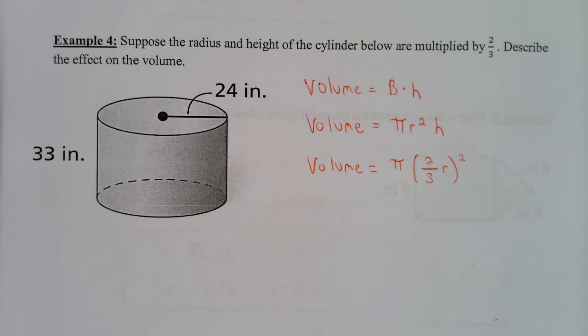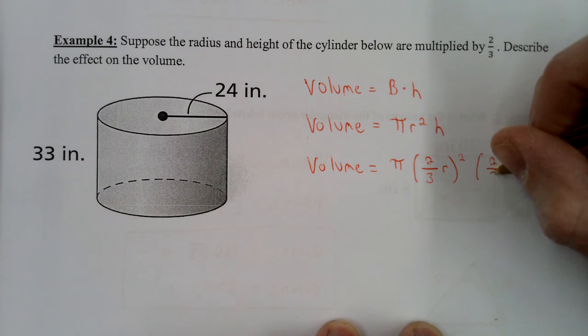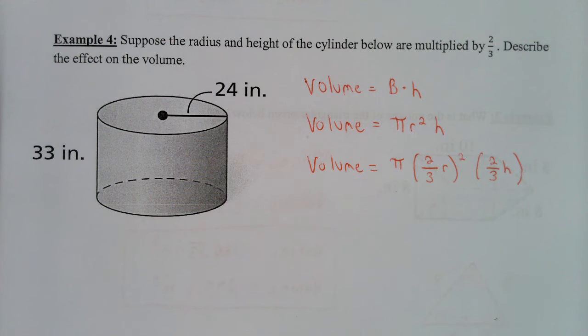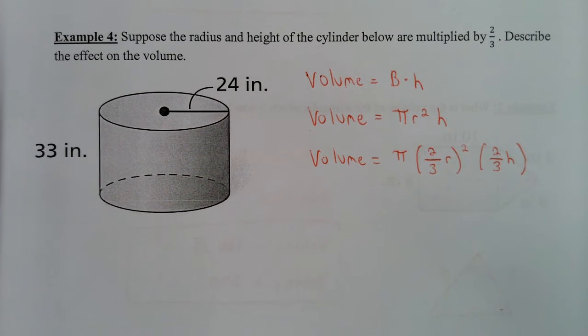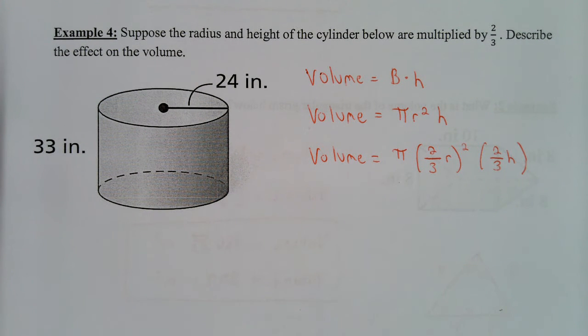And then times the height. But the height is now multiplied by 2/3 also, so times 2/3 h. This is a common question you might see on the SATs. I'm going slow through it, but ideally you wouldn't be able to go much faster without having to do all the work.